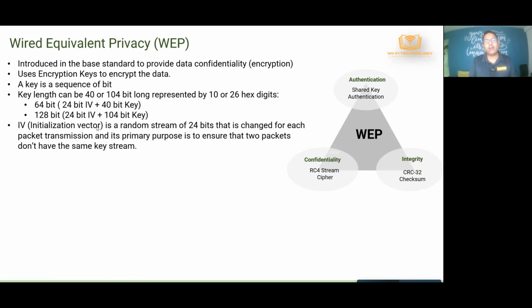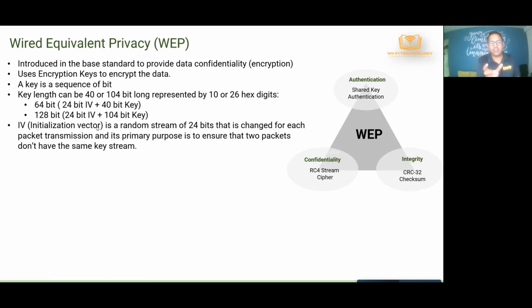So to avoid that situation, what is done is, for every packet you use a random sequence of bits called the IV, and so every packet uses the base key, which is the same key, the 40-bit key or the 104-bit key, and it will add another 24 bits that are random bits that are changing for each packet.